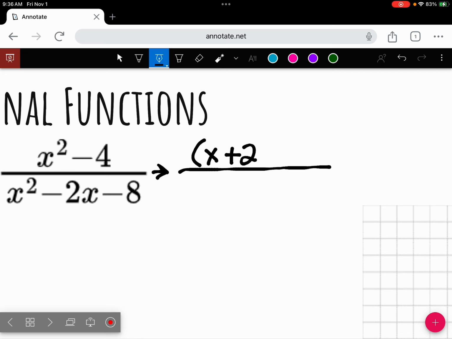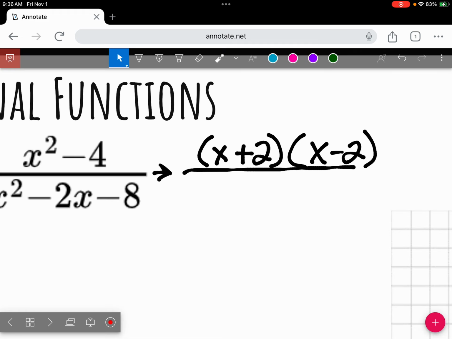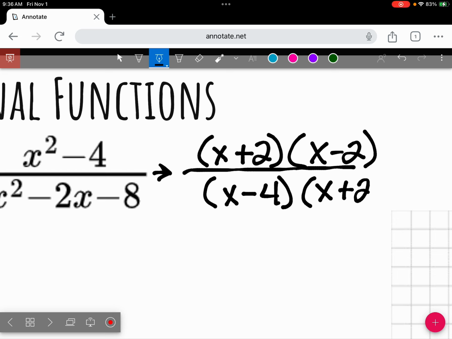X plus 2, x minus 2. And what was it our denominator is going to simplify down to be? X minus 4 and x plus 2.